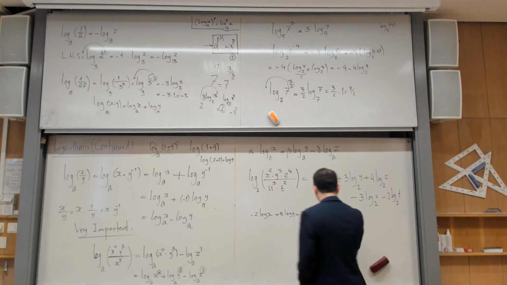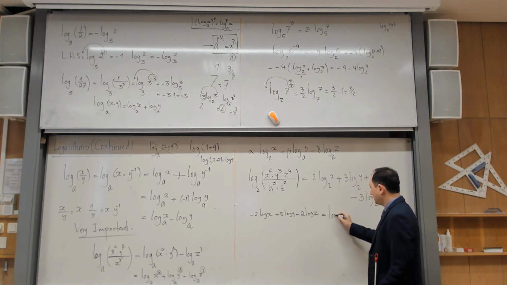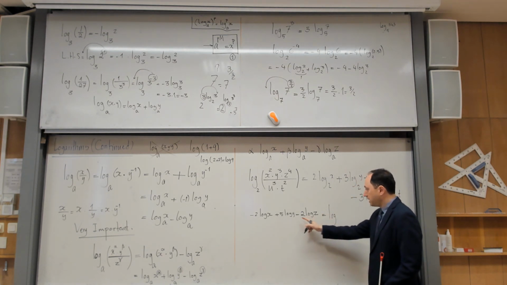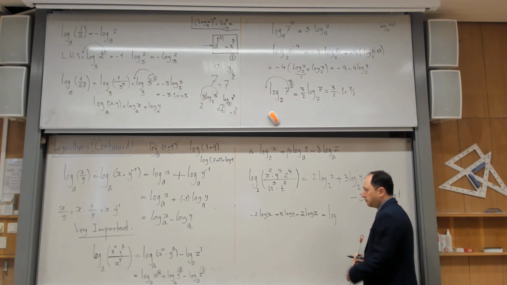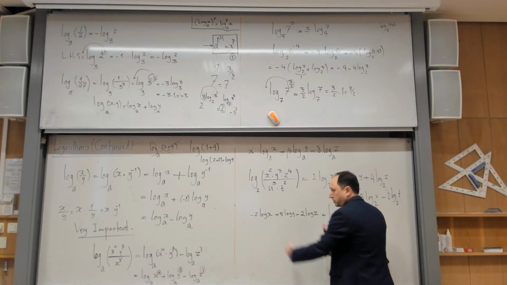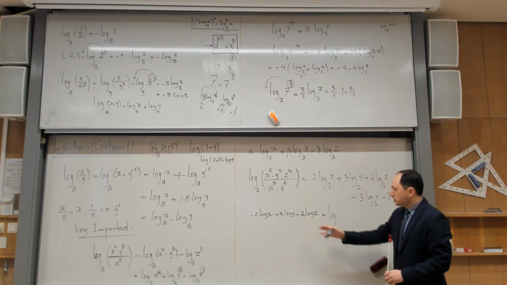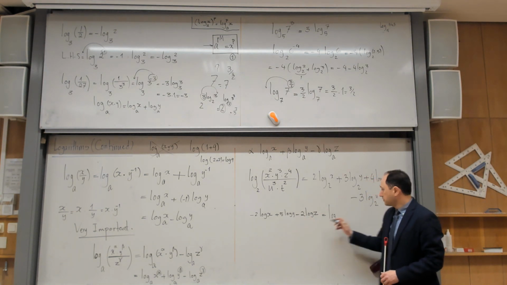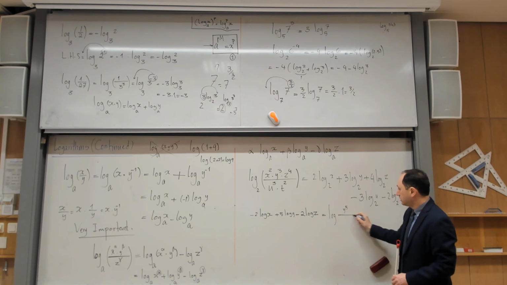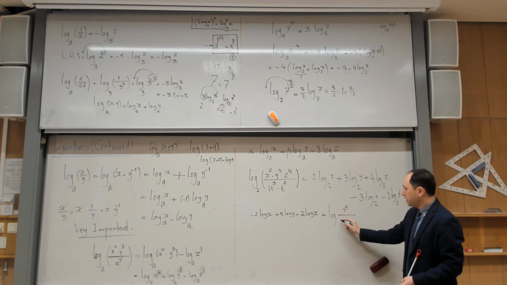You put a log with the same base if the bases are the same. If the bases are not the same, then you have to put the same bases in one group. The positive one is y, so it becomes y to the power of 5 divided by x to the power 2 z to the power 2.